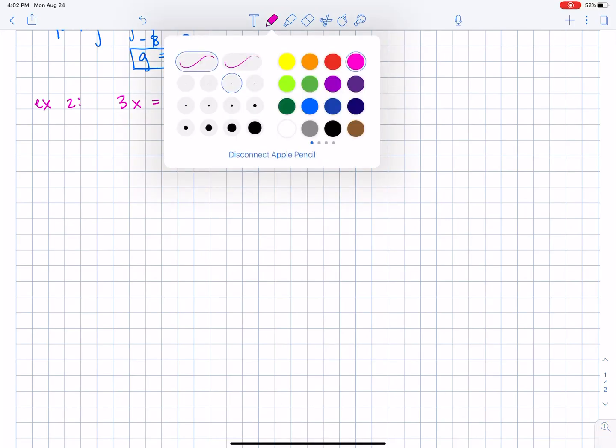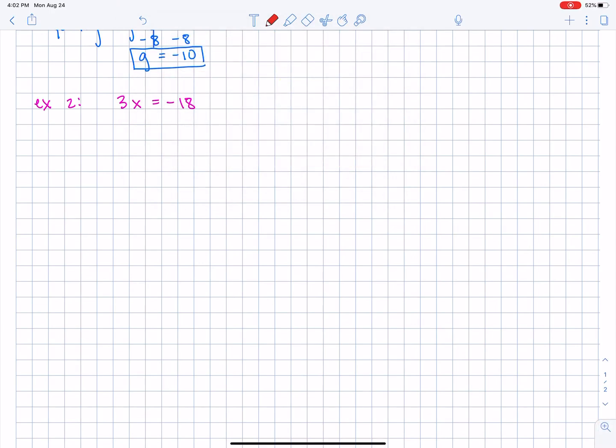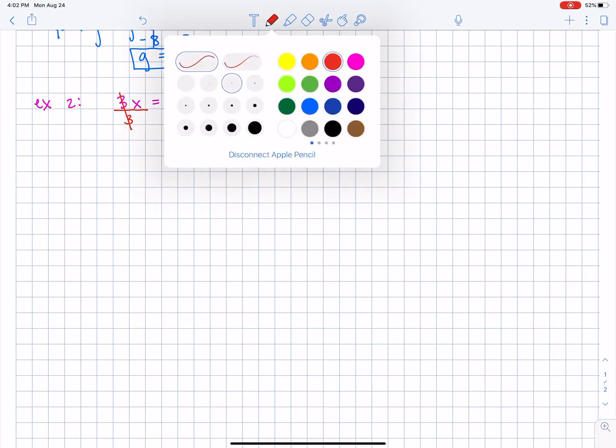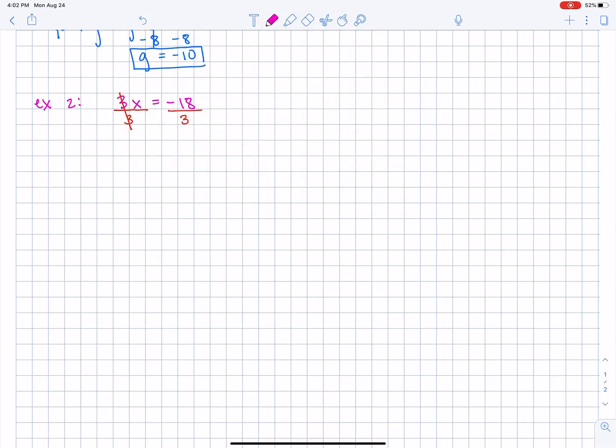And to undo a times, you need to divide. And we use division as a fraction sign or a fraction bar. And 3 divided by 3 is 1. That leaves me with x. So we are left with x is equal to negative 6.